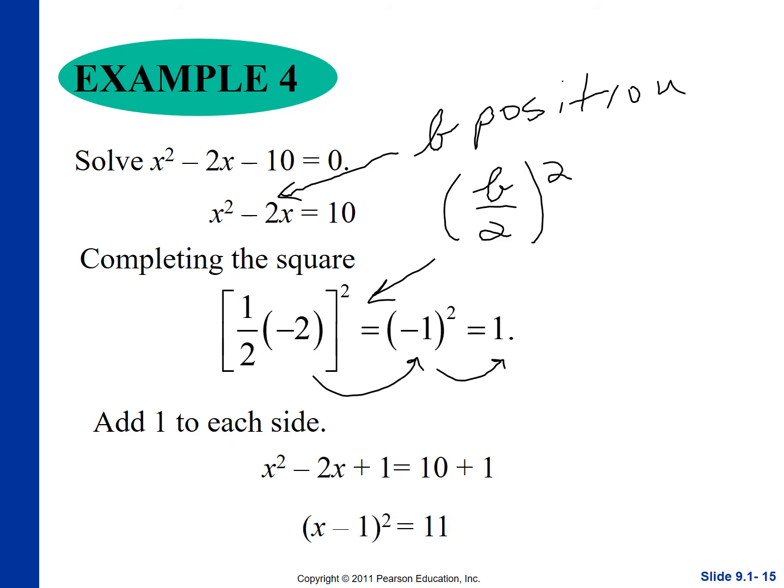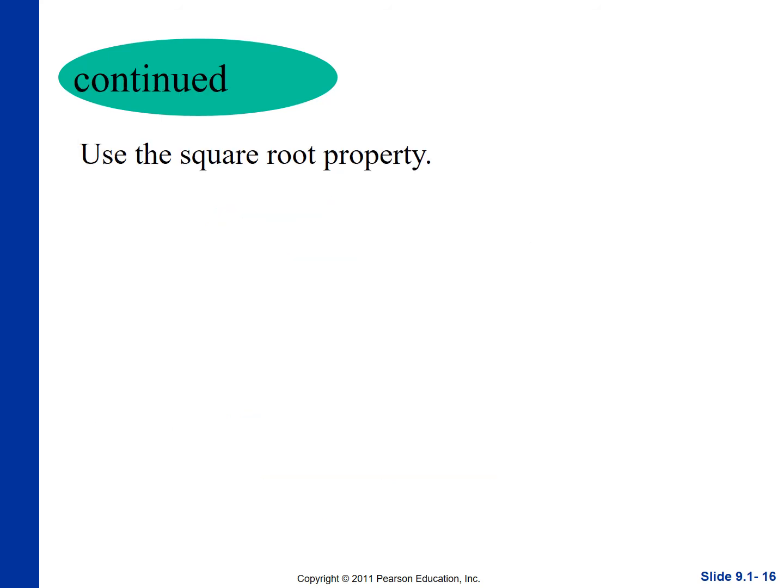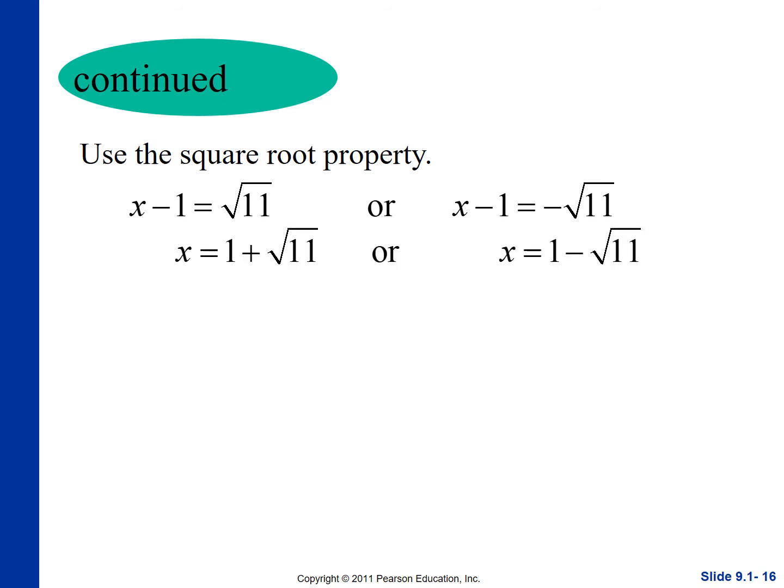So now we end up with x minus 1 quantity squared equals 11. So now we're going to use the square root property and set it up. You have to have two problems again. X minus 1 equals the square root of 11. X minus 1 equals the negative square root of 11. So x is equal to 1 plus the square root of 11, and x is equal to 1 minus the square root of 11.